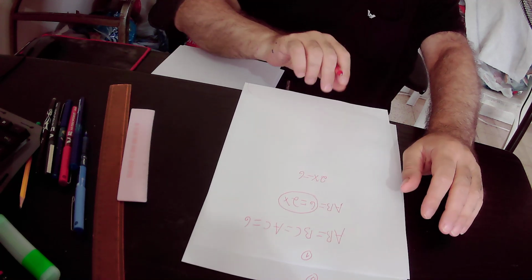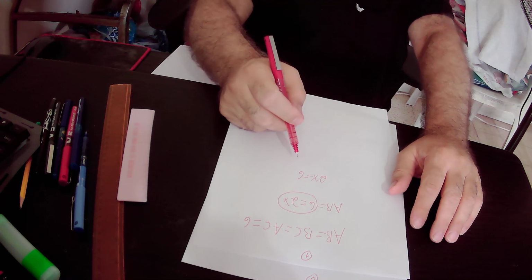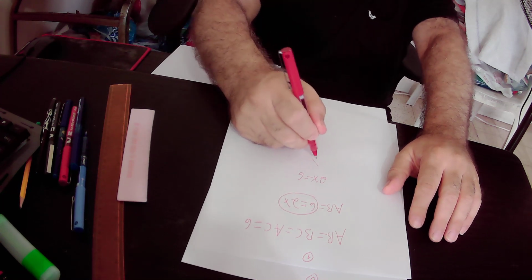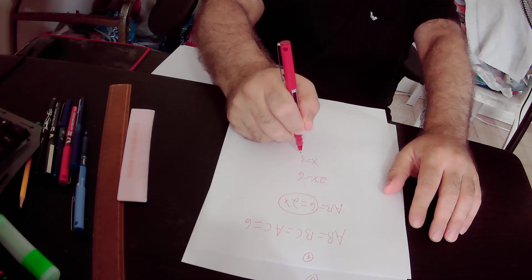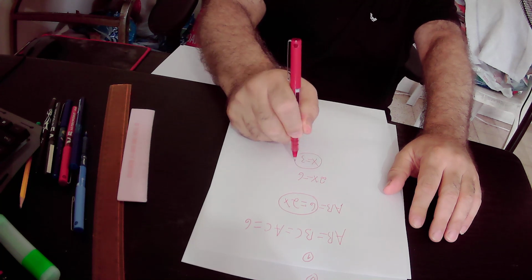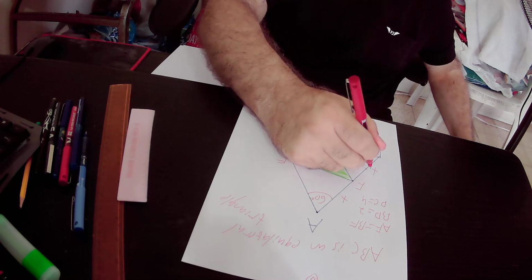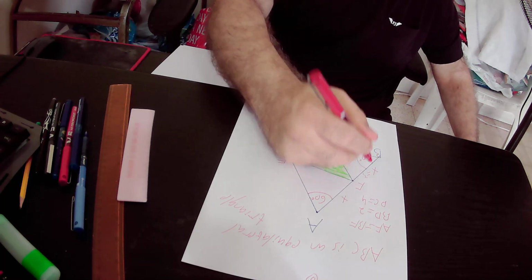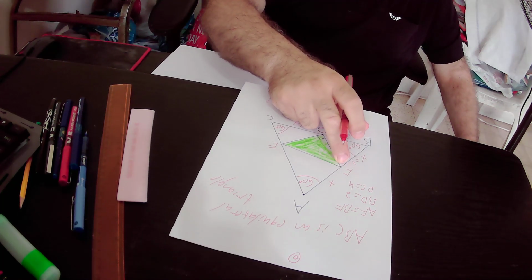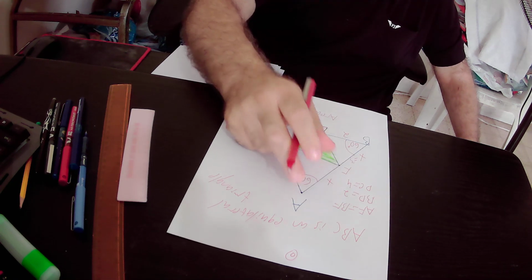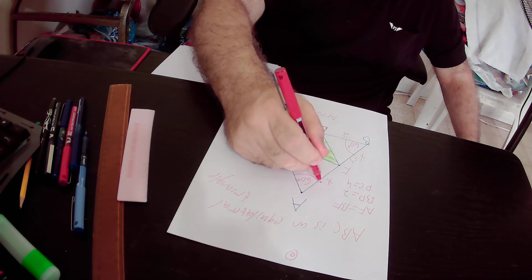We can divide this equality by 2 and we will get that X equals 3 units. That is to say BF equals 3 units and AF also equals 3 units.